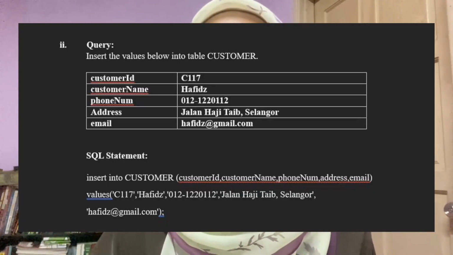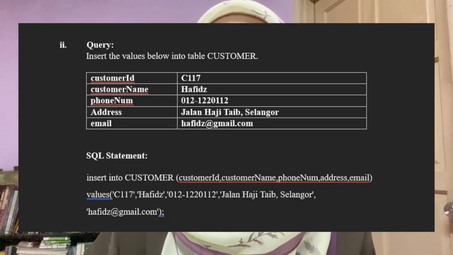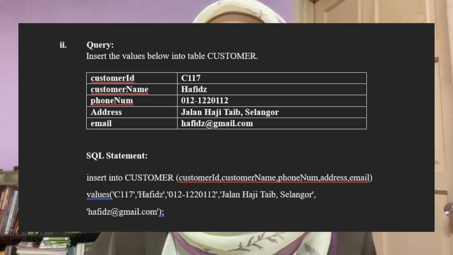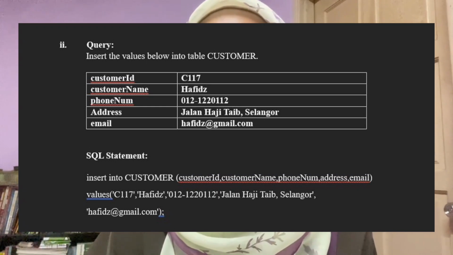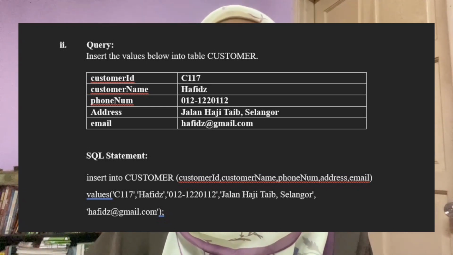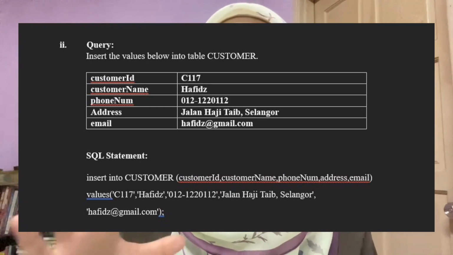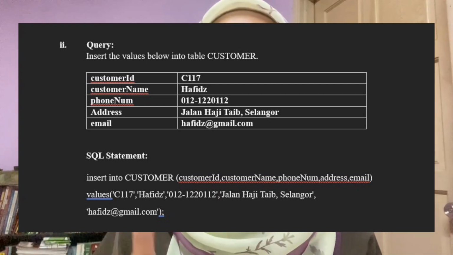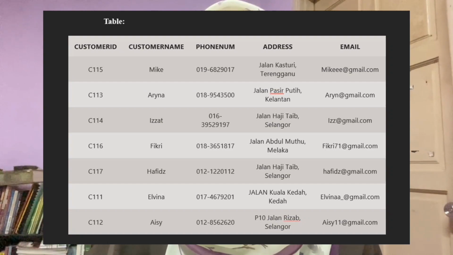And the next query is to insert the values below into table customer. And the SQL statement is insert into customer, customer ID, customer name, phone number, address, email, values. In the bracket you just put the values from the table, and this is the table result after we inserted the values.